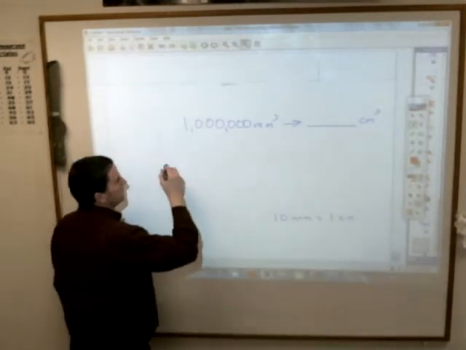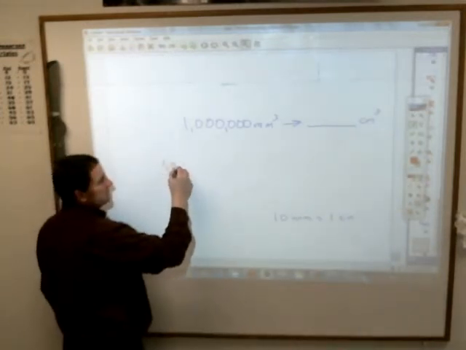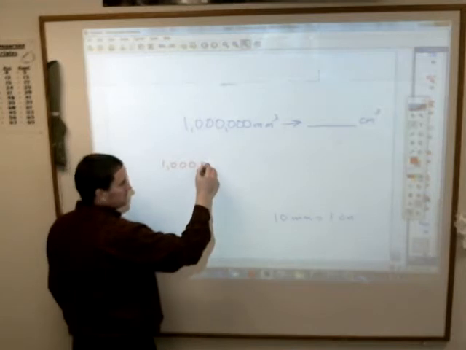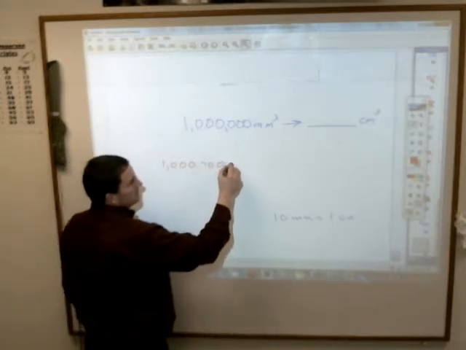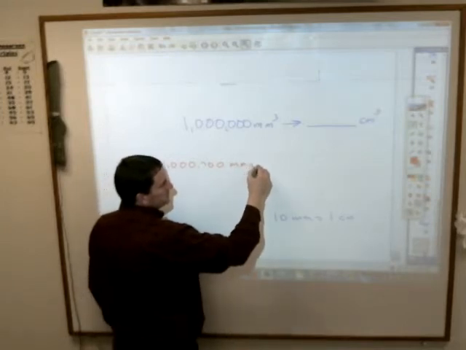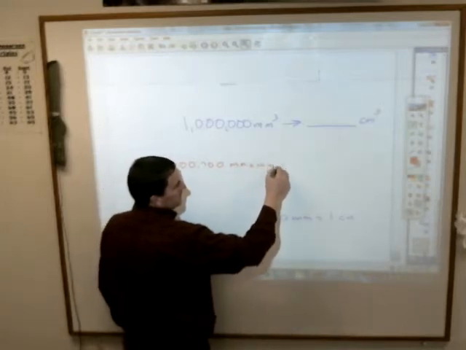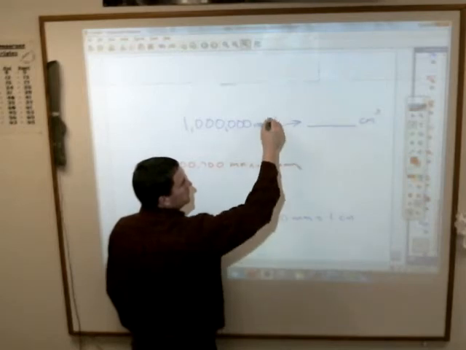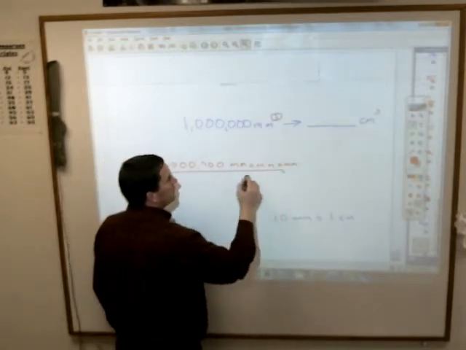It's simply this. You have your 1 million, and it is millimeter times millimeter times millimeter. That's what millimeter cubed means. And that's all over 1.